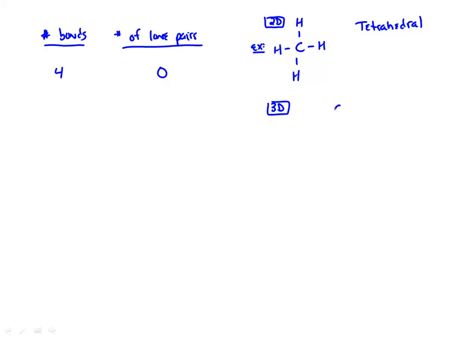If I try to sketch it in 3 dimensions, you can think about it as a little pyramid almost, meaning 3 of the bonds are down. If I shade them differently, one looks like it's coming out of the paper and one going into the paper. And then I can have one up. So that's one way to draw it in 3 dimensions and try to show that shape.